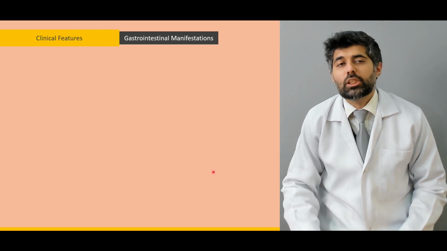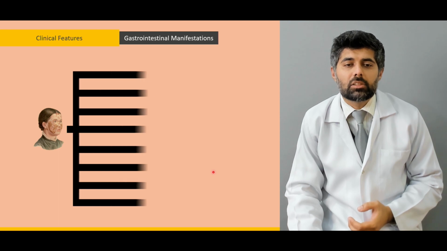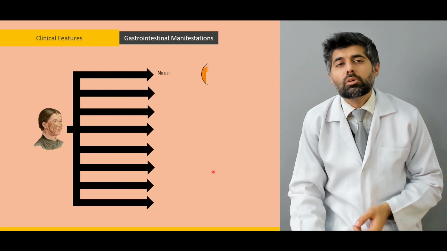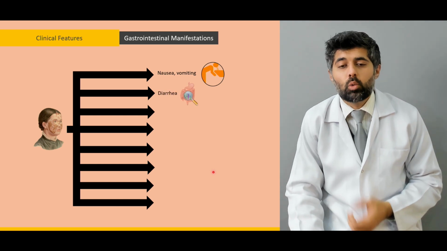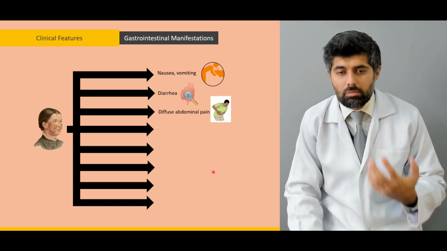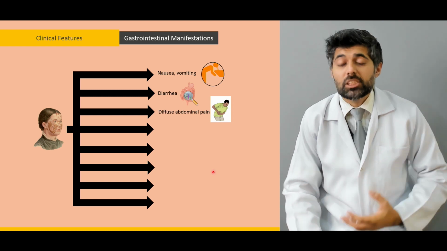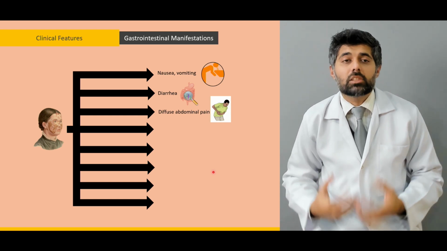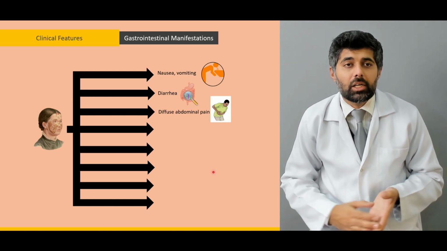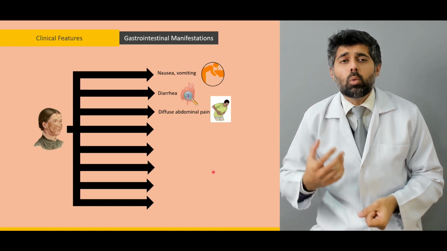Next manifestations in a SLE patient are the gastrointestinal ones. Now, for the gastrointestinal ones, nausea and vomiting, along with diarrhea and diffuse abdominal pain, that the patient is unable to pinpoint the origin of where the pain is coming from. It's not migrating, it is not moving.